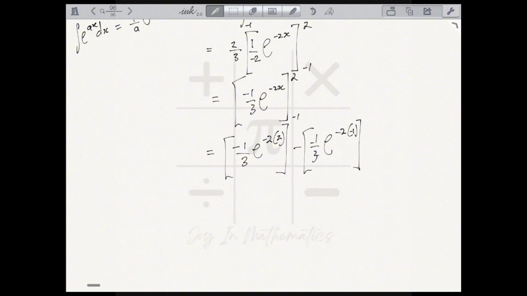Simplifying further, this will give us minus 1 over 3 exponential minus 4, minus minus 1 over 3 into exponential 2. When we plug this into our calculator, we'll have 2.457.